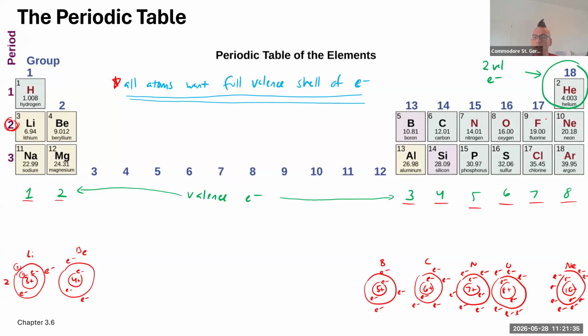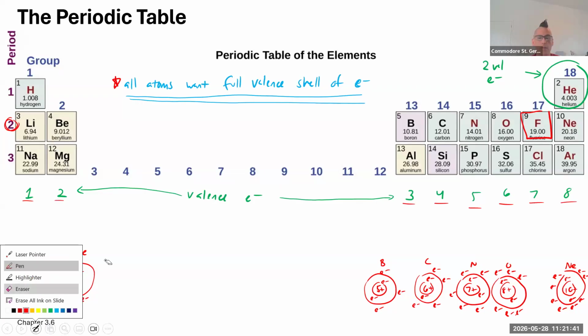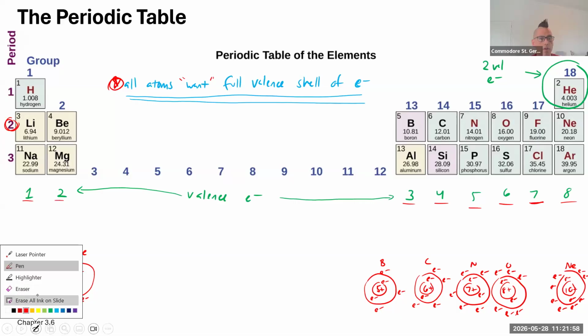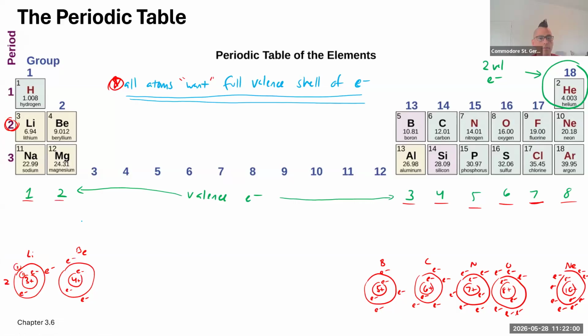So if I have fluorine and I have 7 valence electrons, but they want a full valence shell of electrons, let's figure out what that's going to be.